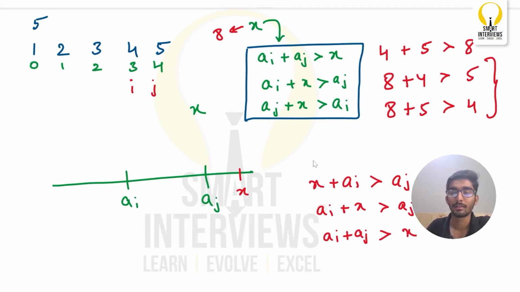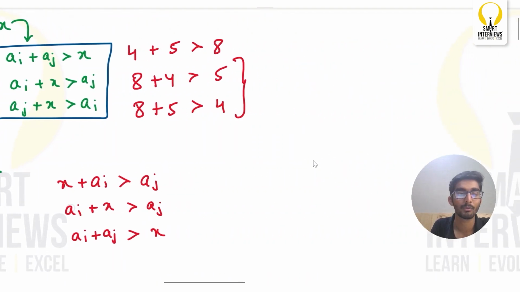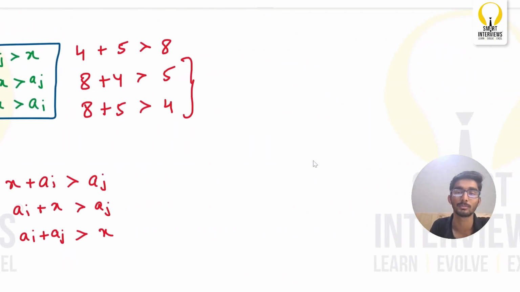Okay. From these three equations, what can we say about x? What is the minimum possible value and maximum possible value for x? From this, x is greater than aj minus ai.